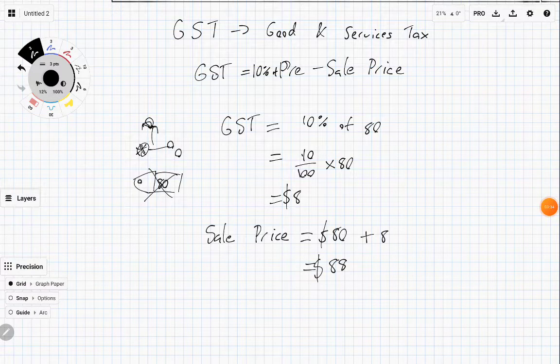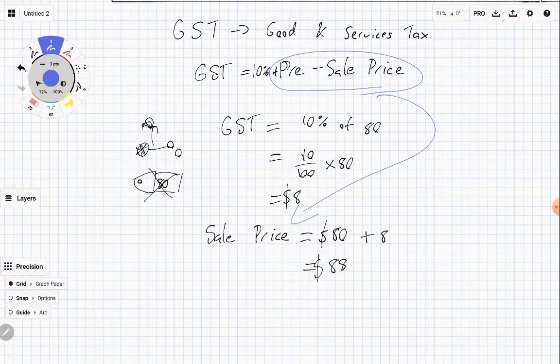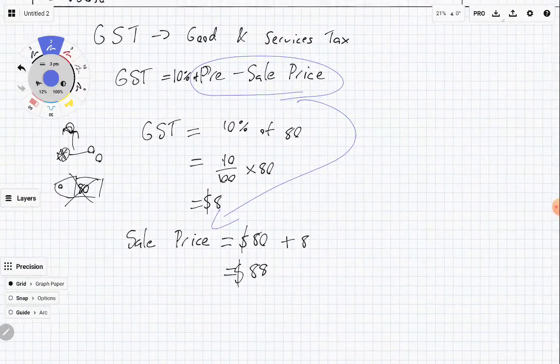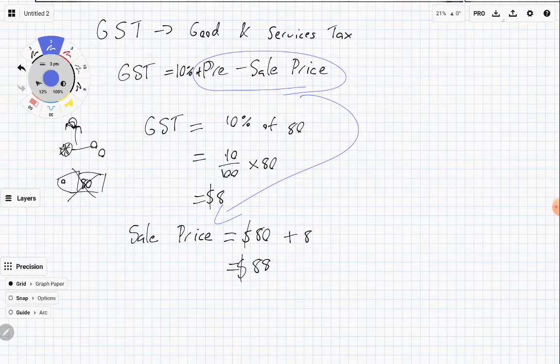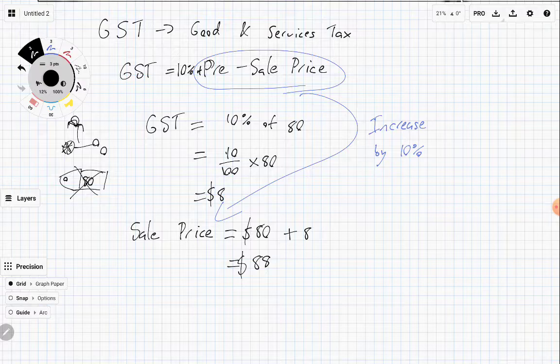Now, some of you might be thinking about a quick way we could go from the pre-sale price straight to the sale price. Okay, and that's perfectly possible. There's a quicker method. What we're doing is we're increasing the pre-sale price by 10%. We've already learned how to increase things by 10%. It's very easy, right? So this is skipping finding GST. If we wanted to go straight from it, all we'd do is say we've got 100% and we're increasing it by 10%.